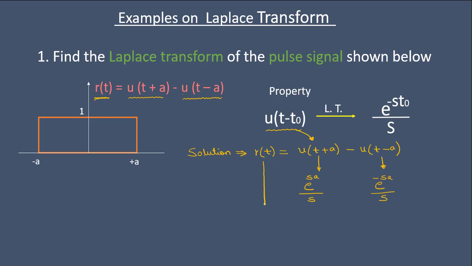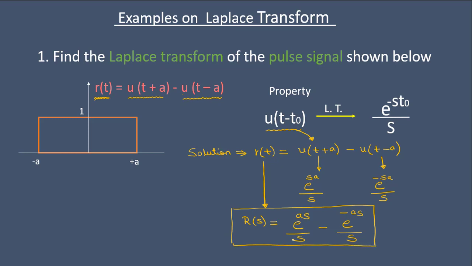So we can write the Laplace transform of r of t, R of s, as e raised to sa upon s, minus, as it is, e raised to minus sa upon s. So this is the Laplace transform of the given r of t signal.